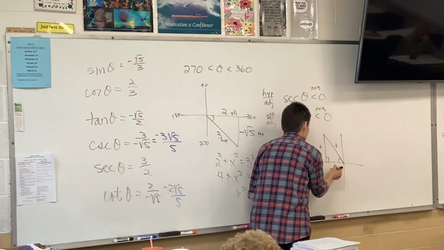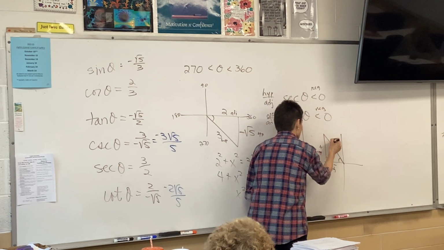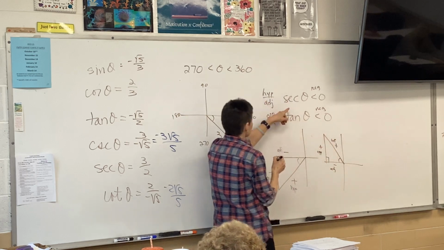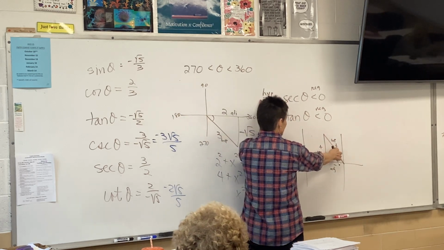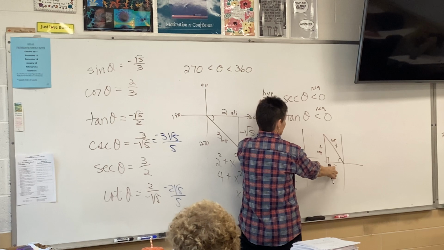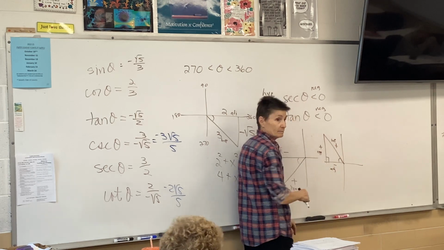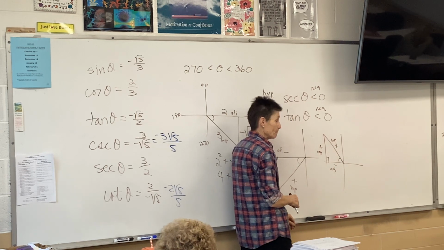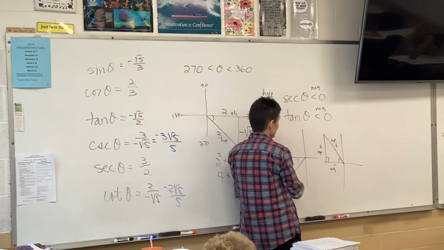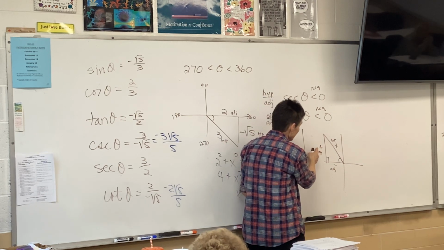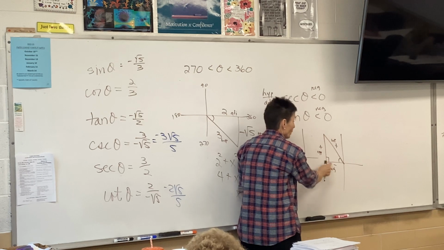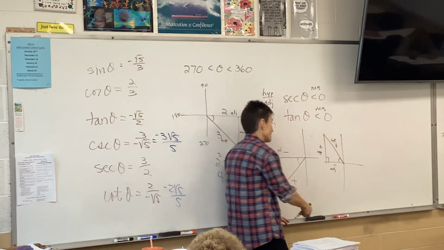So this is adjacent, opposite. All right, secant, hypotenuse over adjacent. Will that be negative? Yep. Tangent, opposite over adjacent. Will that be negative? There it is, there's your answer.